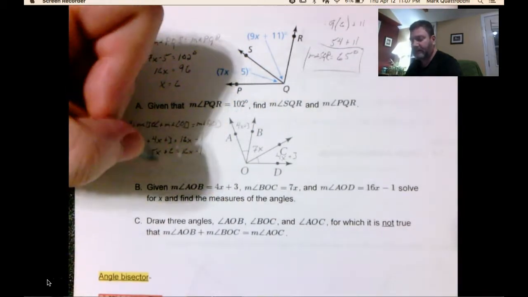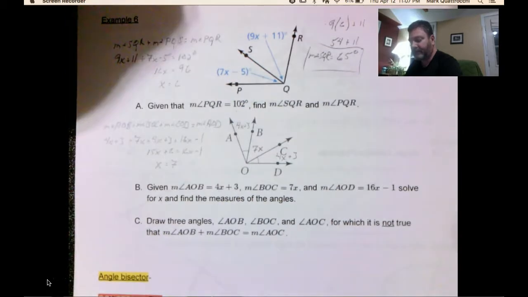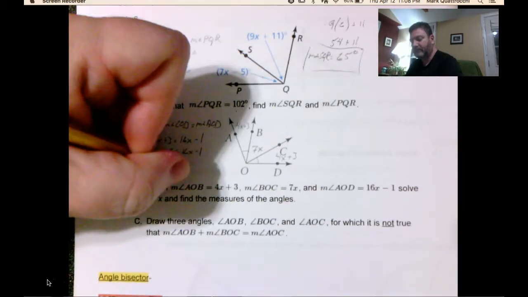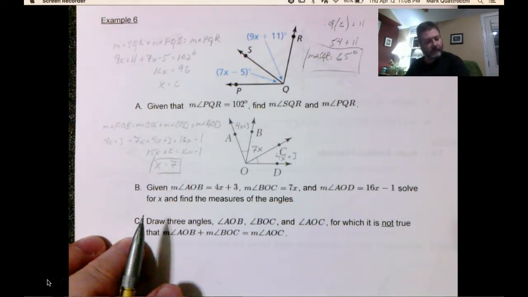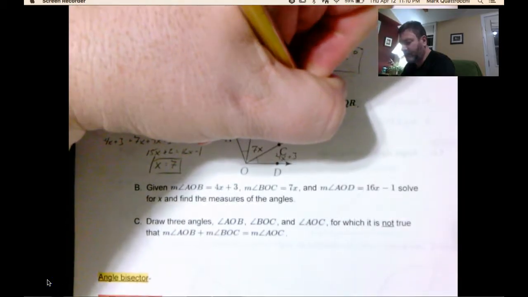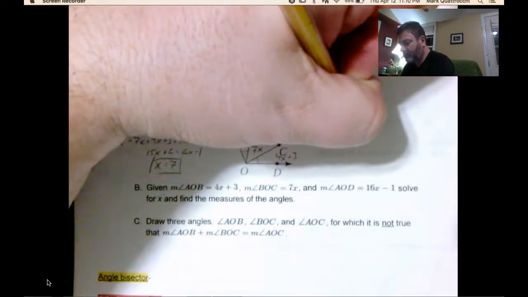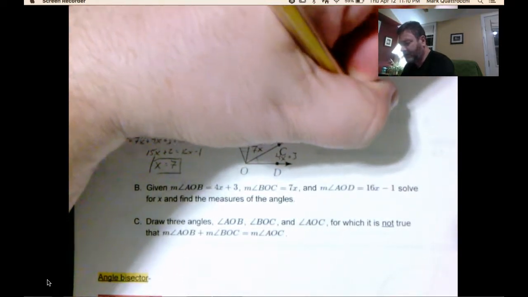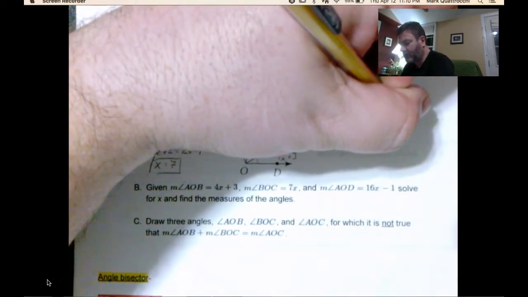Subtract 15x, add 1. x equals 7. X is 7, and the measure of angle AOB is 4 times 7 plus 3, or 31 degrees.